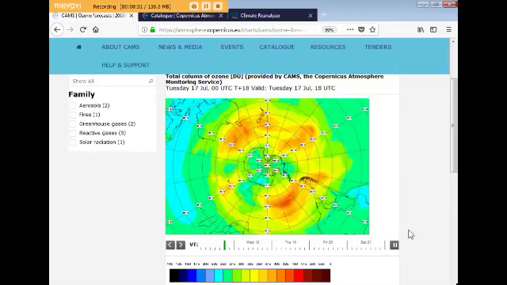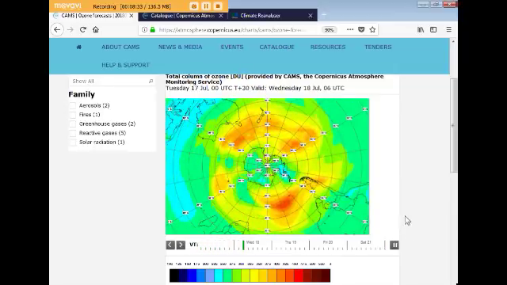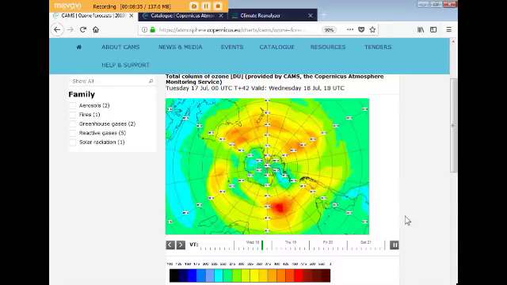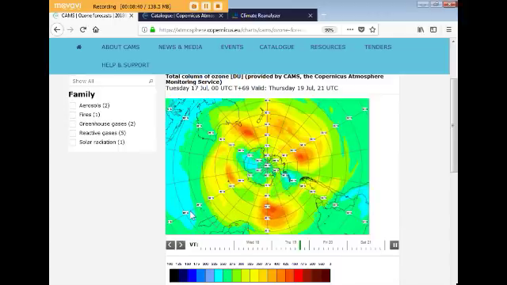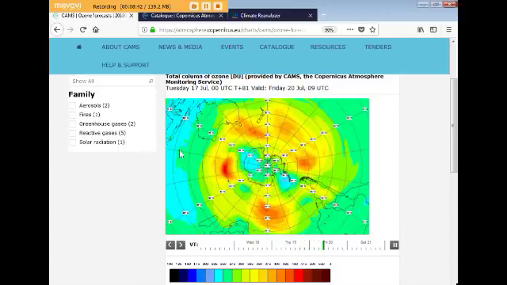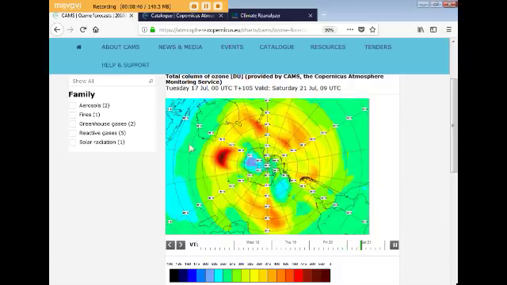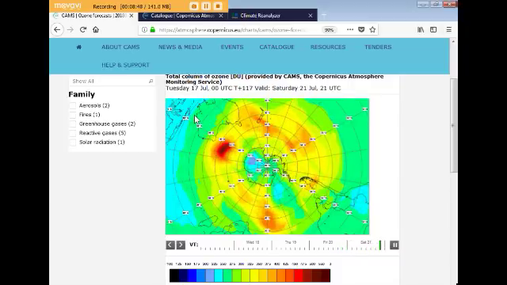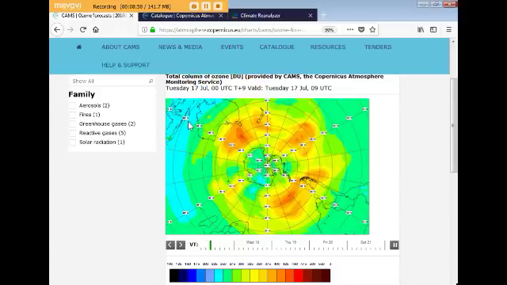Okay, there's the ozone, total column. And you see that blue, that hole is just staying right over here on that left side.